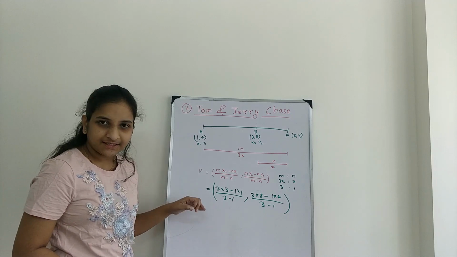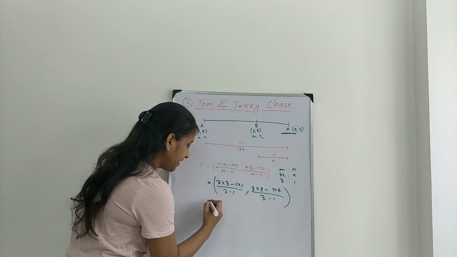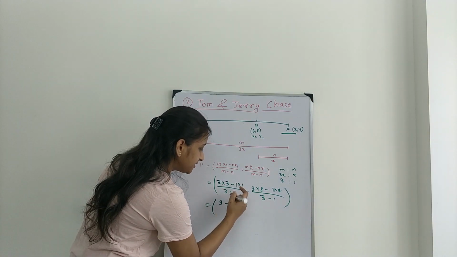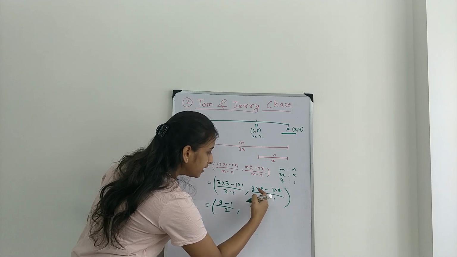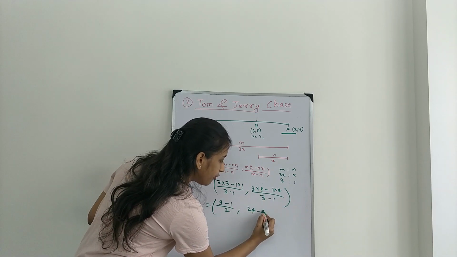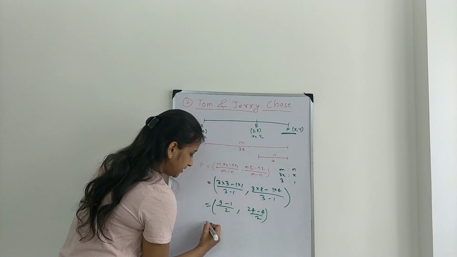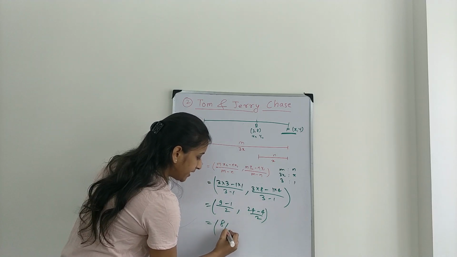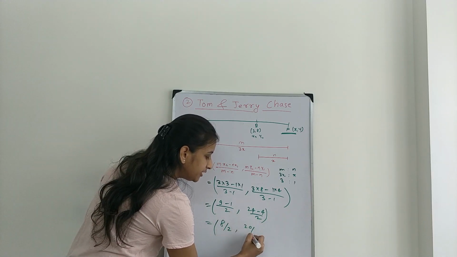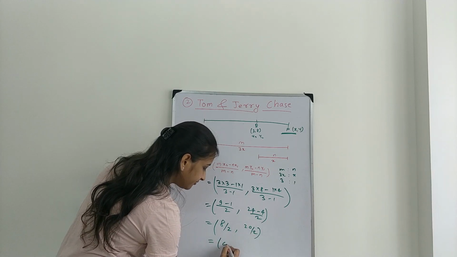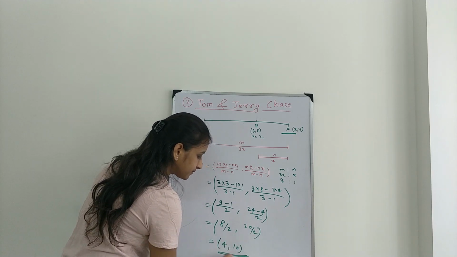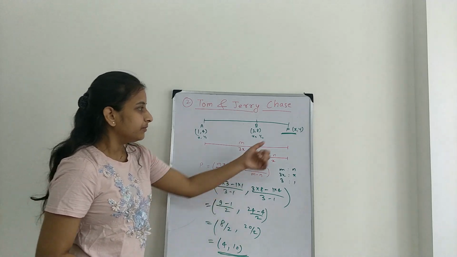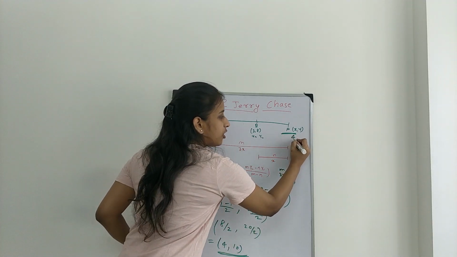If we solve this, we will get 3 into 3, 9 minus 1 upon 2, 24 minus 4 upon 2. This is nothing but 8 by 2, 20 by 2. Answer is 4, 10. Position of point P is 4, 10.